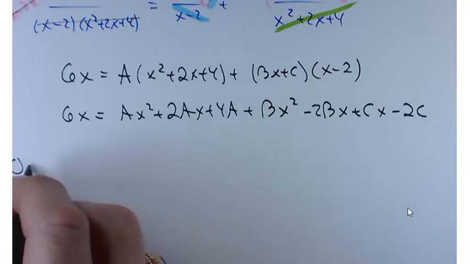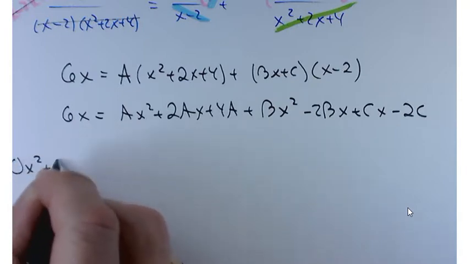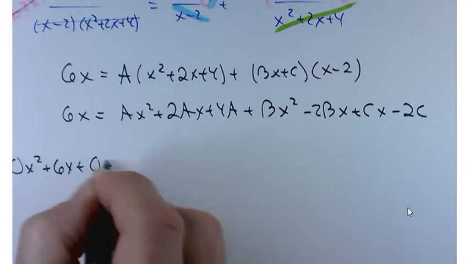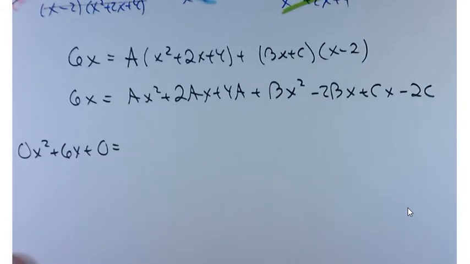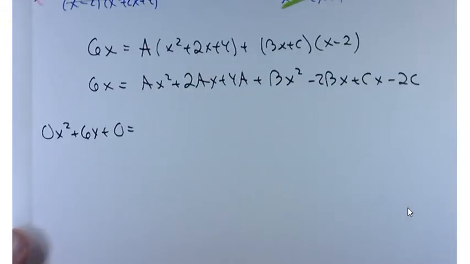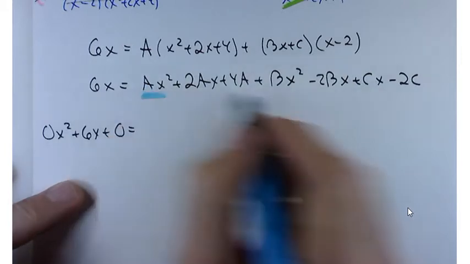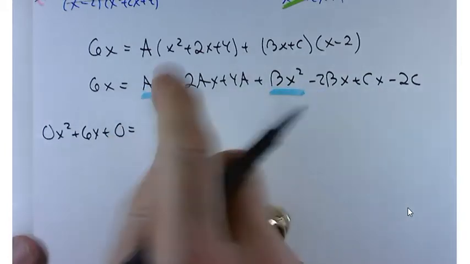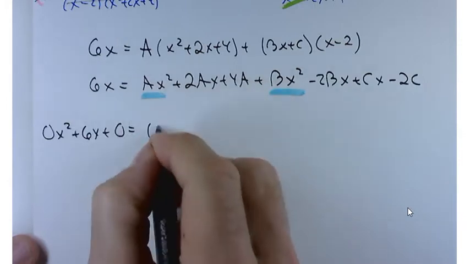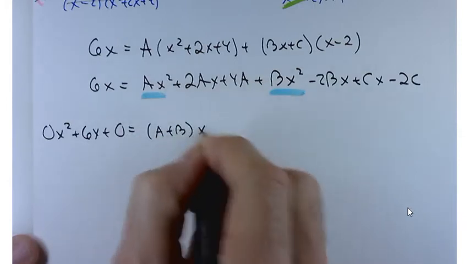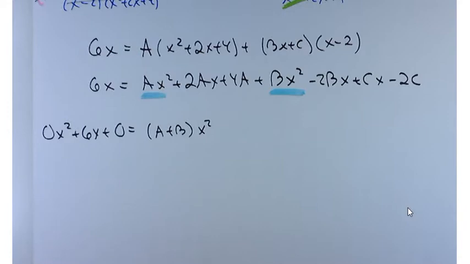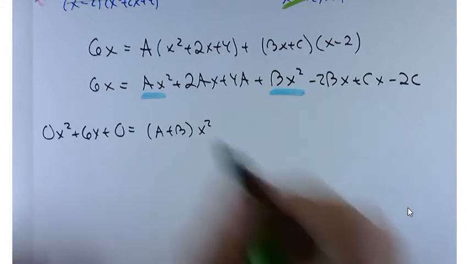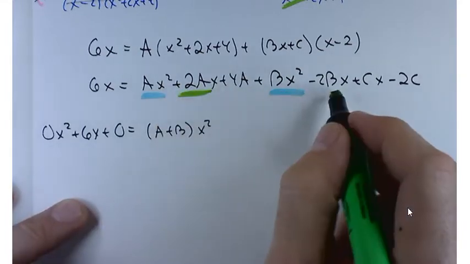I'm going to write this as 0x squared plus 6x plus 0. Kind of foreshadowing what's coming. On the right-hand side, both of these terms involve an x squared. So let's factor out the x squared and write that as A plus B times x squared.